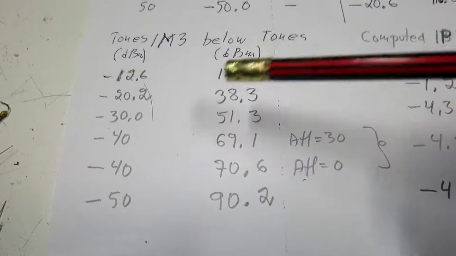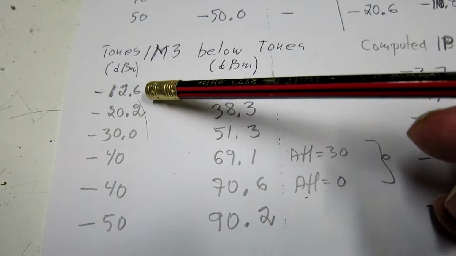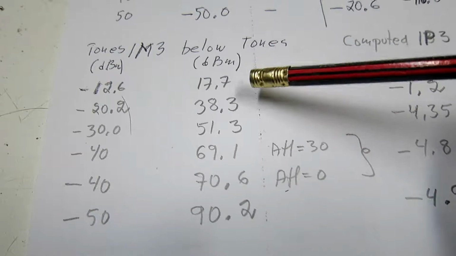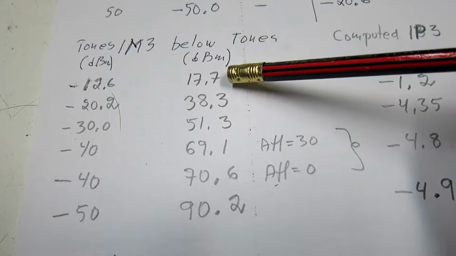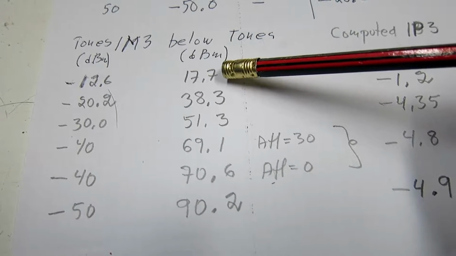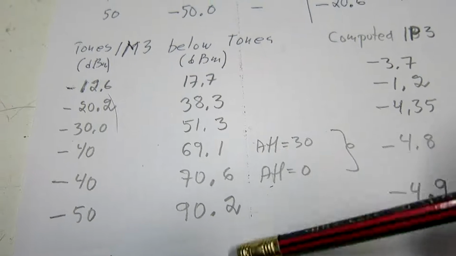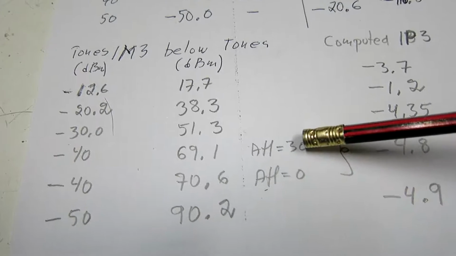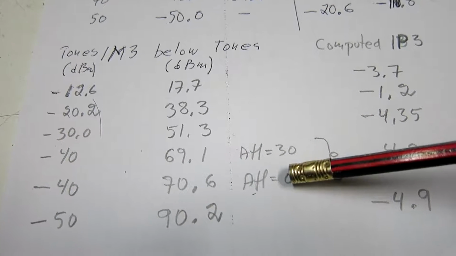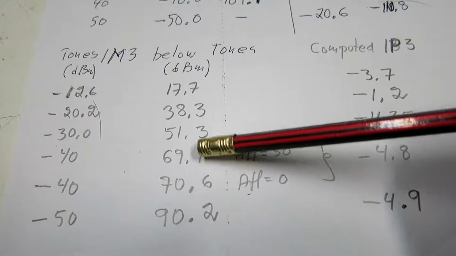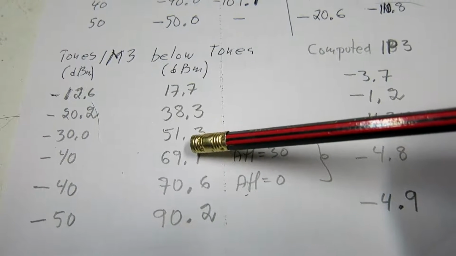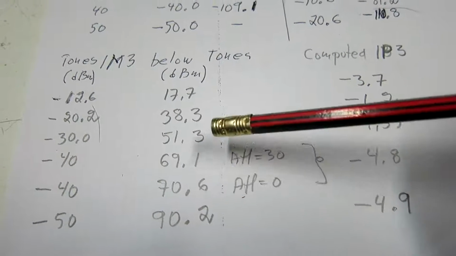Evaluating the two-tone signal level here, the level of the third order intermodulation product here, and with attenuation 30 or attenuation 0 I get very nearly the same result, so I take the average.